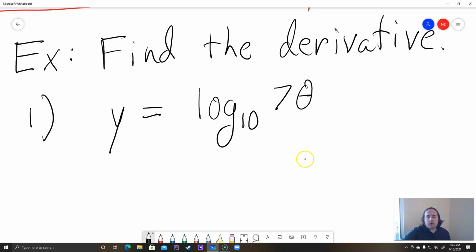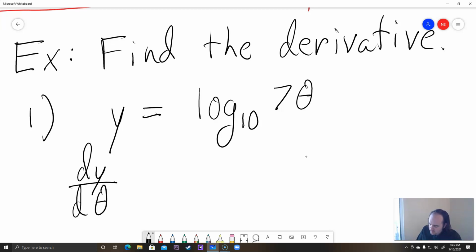So what we're going to be calculating here, instead of dy dx, it's going to be dy d theta. But it's just a letter. It's a letter just like x. That's our independent variable theta. But we are going to have to use the chain rule here. So it's going to be 1 over 7 theta, but because the base is not a natural logarithm, we actually have to have ln of 10 in the denominator.